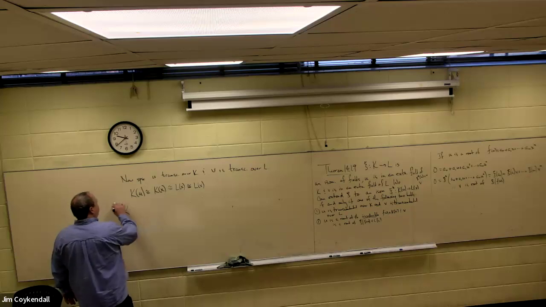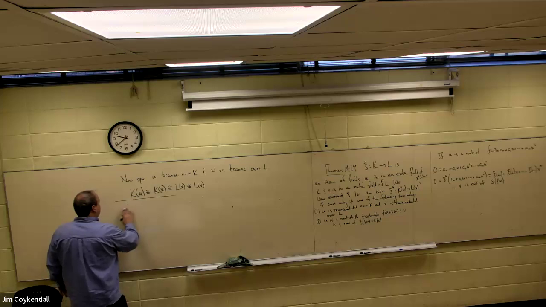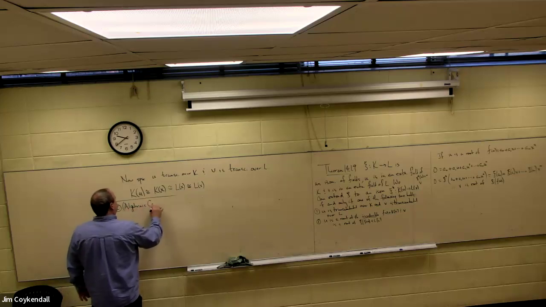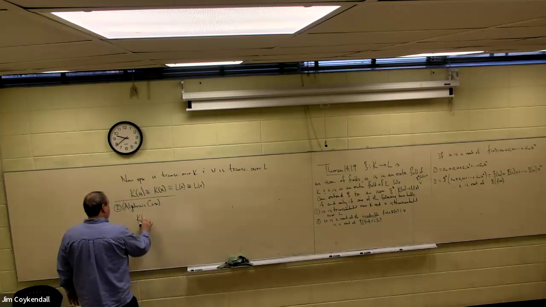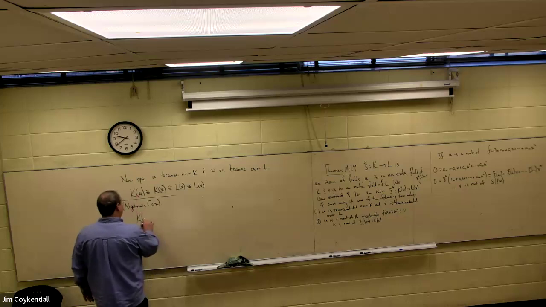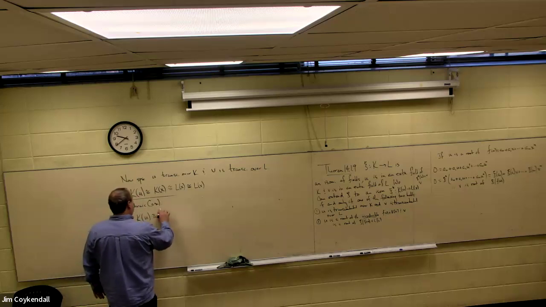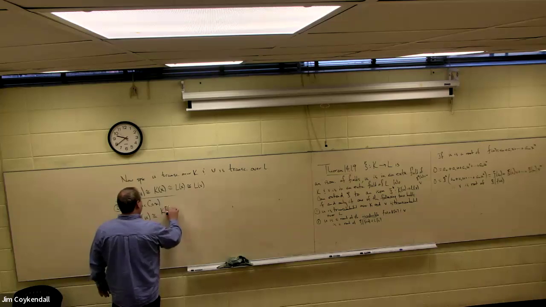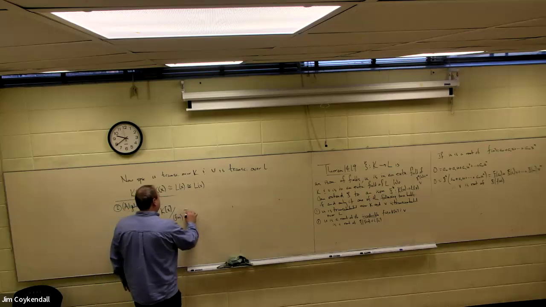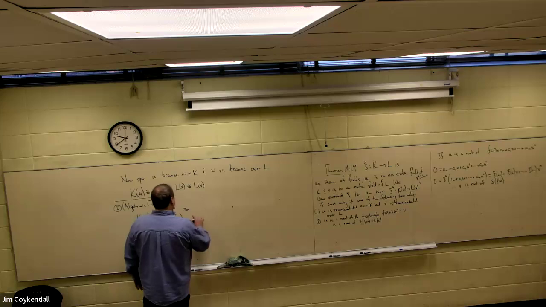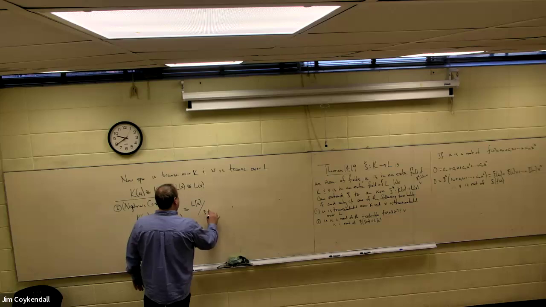We have K, the algebraic case. Let's suppose K(U) is isomorphic to K[x] mod f of x, which is isomorphic to L[x] mod tornado f of x.